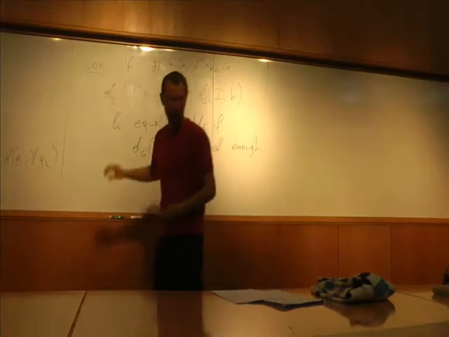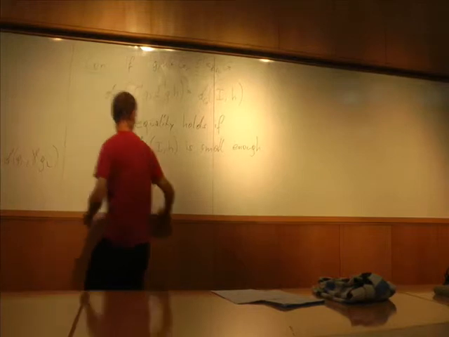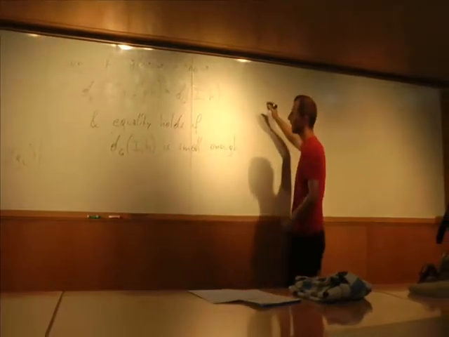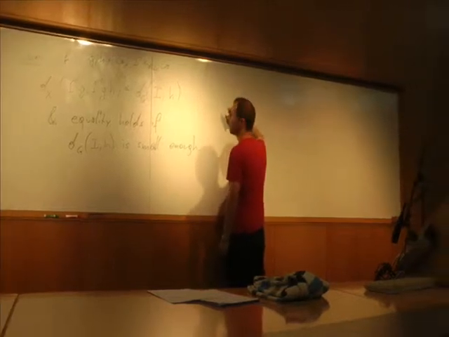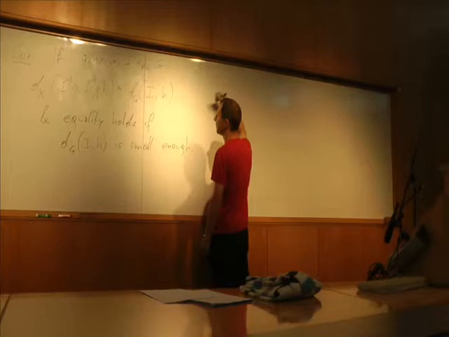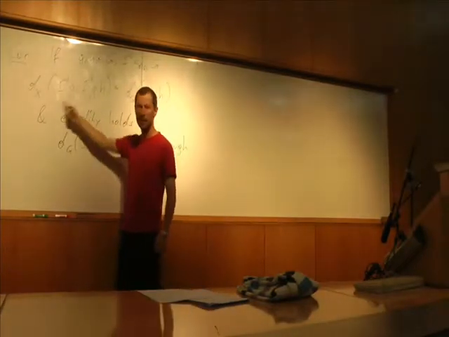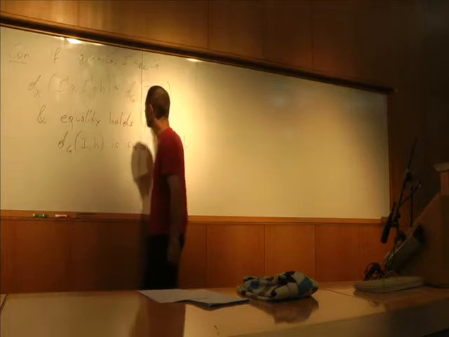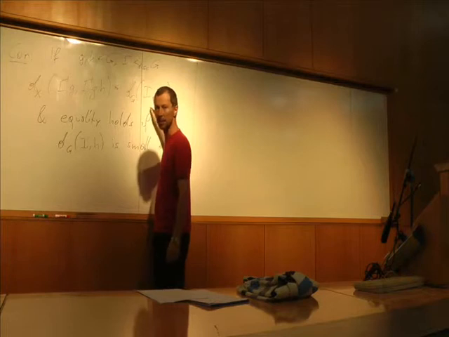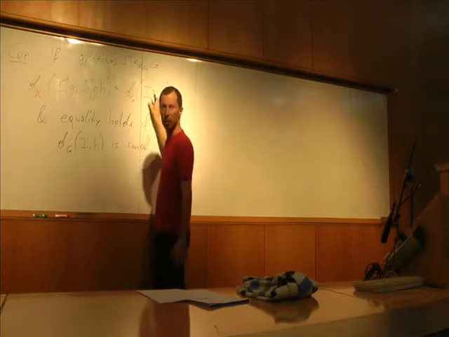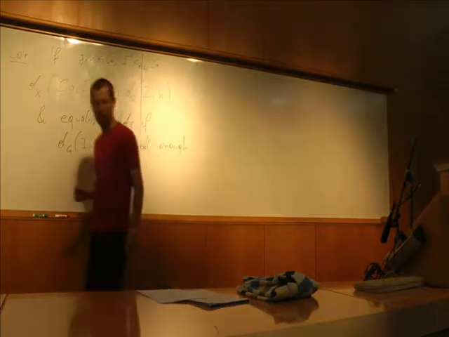Good, so we have this formula, and we implicitly also used it yesterday when I talked about what happens if I multiply an element with a small element, then the distance really is small. Maybe even smaller than what I see on the right hand side here, but it's at least as small as what I see on the right hand side. If the H is small, then this is useful.